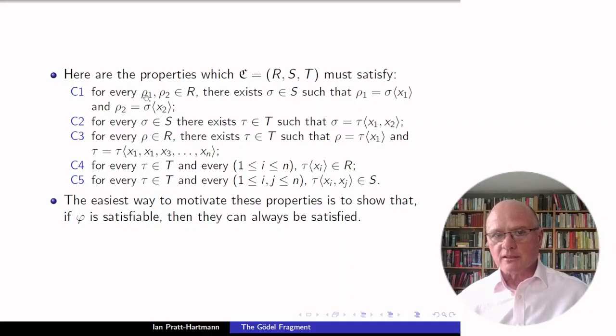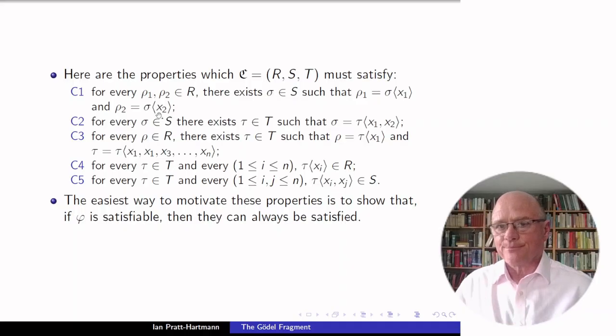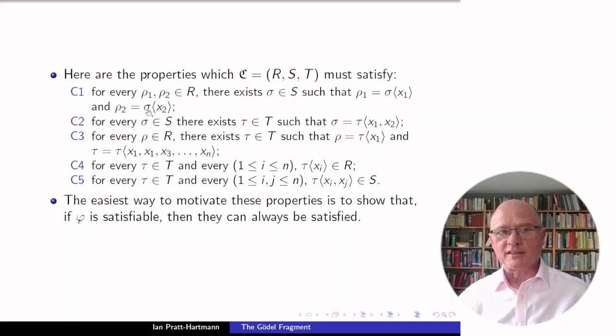First of all, if you take rho 1 and rho 2 in R, so these will have to be 1 types, of course, because that's what R is, then there exists a 2 type sigma in S such that rho 1 is given by the behaviour of the first variable in sigma, and rho 2 is given by the behaviour of the second variable in sigma. So what that says basically is that any pair of 1 types in R can be extended consistently to a 2 type sigma in S. There's no requirement that rho 1 and rho 2 be distinct.